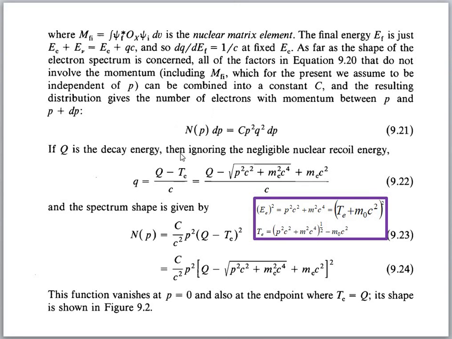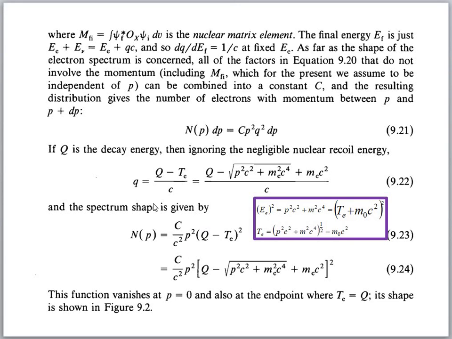So this equation can be rewritten as N(p) = C/c² times p² times (Q − T)², since q = (Q − T)/c.